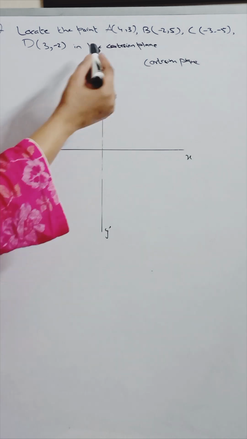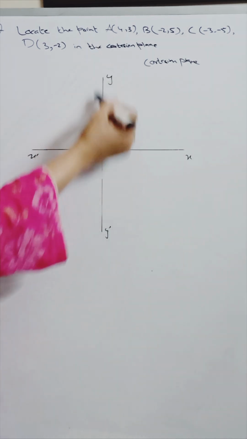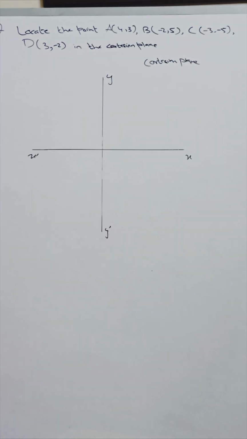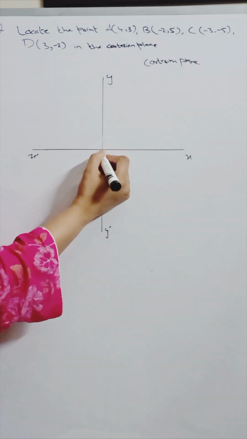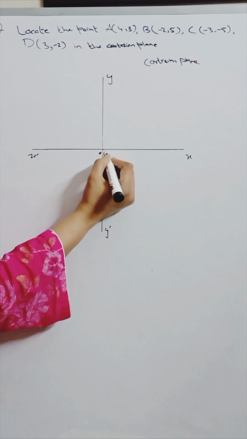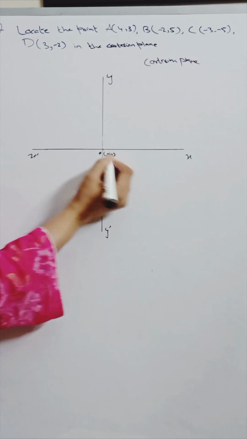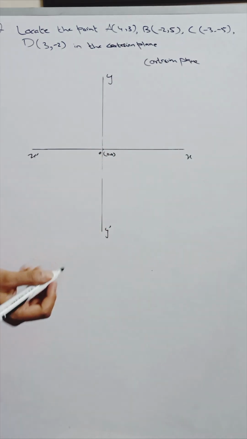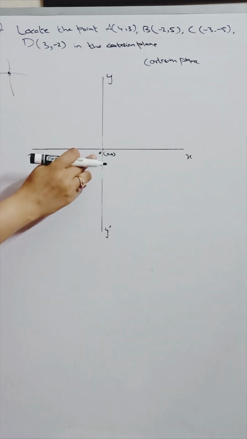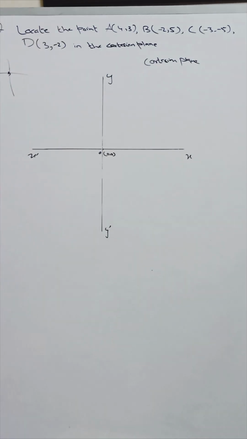On the vertical line, the upward portion, y is positive, and y dash is negative. This center point is called the origin, represented by O. At that point, x and y are both 0. So the x coordinate is 0 and the y coordinate is also 0 at this point.